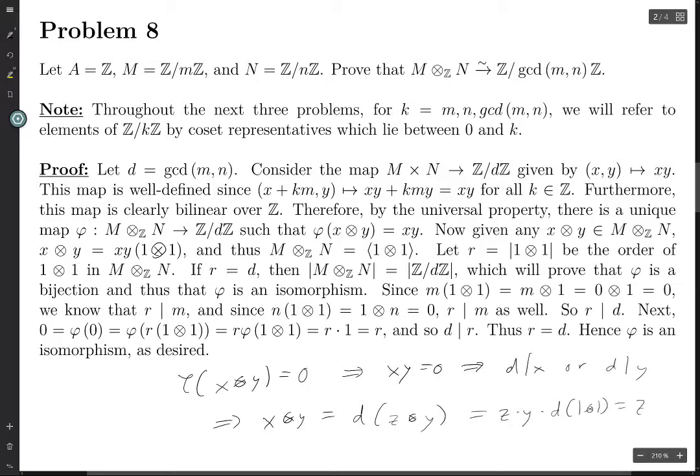But d is r. So this is going to be equal to z times y times r times 1 tensor 1. That's going to be z times y times 0 equals 0.